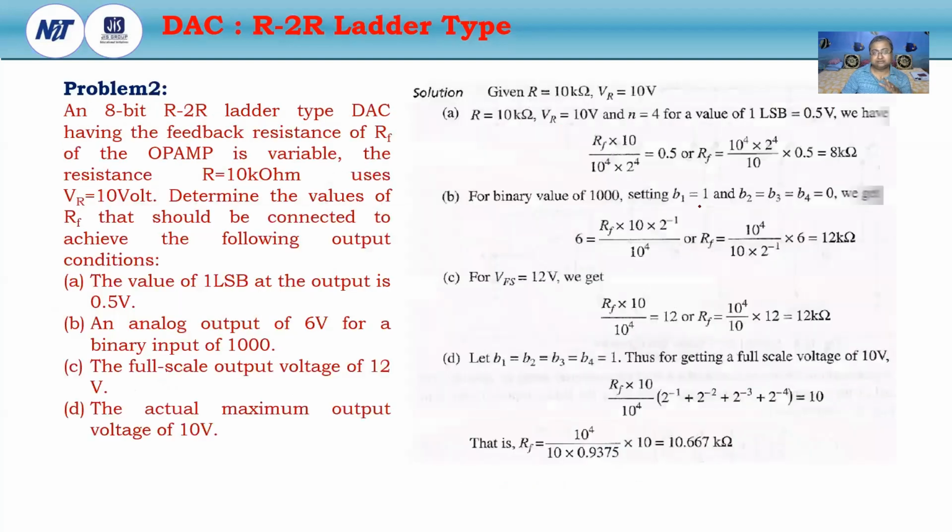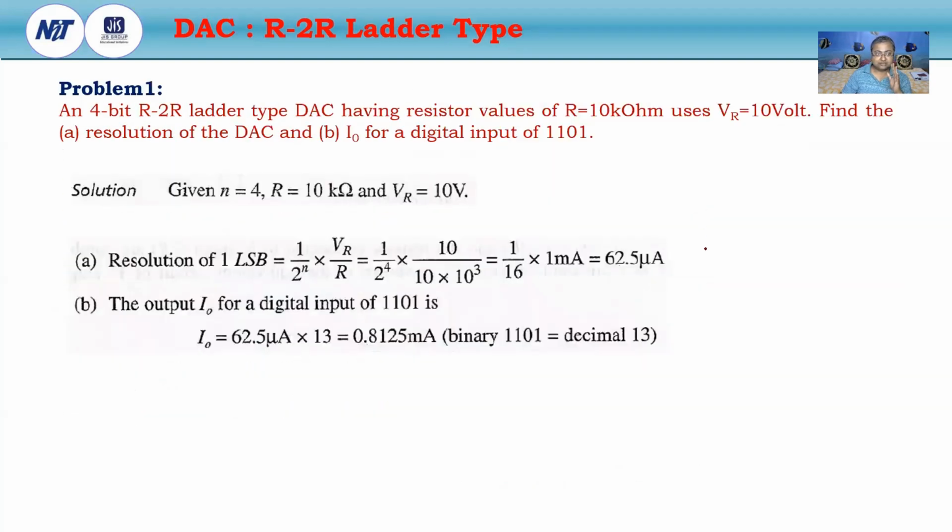Now come to the two examples. A 4-bit R2R ladder type DAC, 4-bit, that means n is equal to 4, has the resistor values of R is equal to 10 kilo ohm and VR is equal to 10 volt. Find the resolution and the value of I0 output current for a digital input 1101.